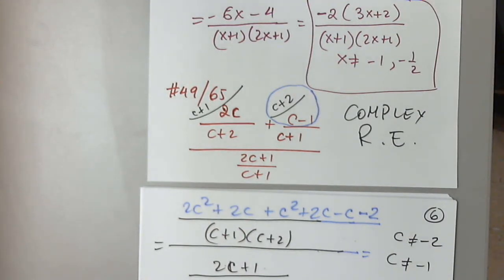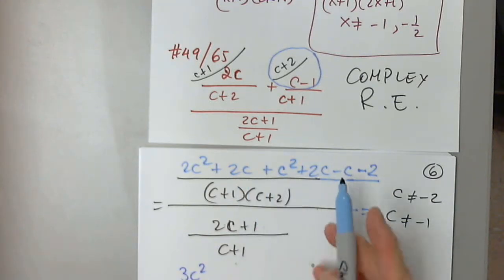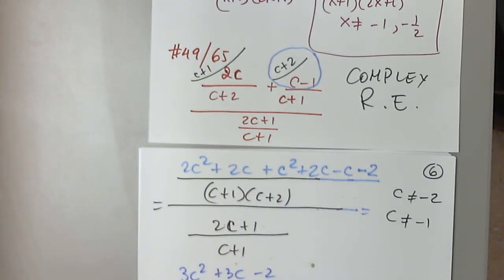Are you with me? Do we all agree with this? Yes? Okay, perfect. So let's combine my terms and flip the denominator at the same time. So we have 3c squared plus 3c minus 2 over c plus 1, c plus 2 times c plus 1 over 2c plus 1.